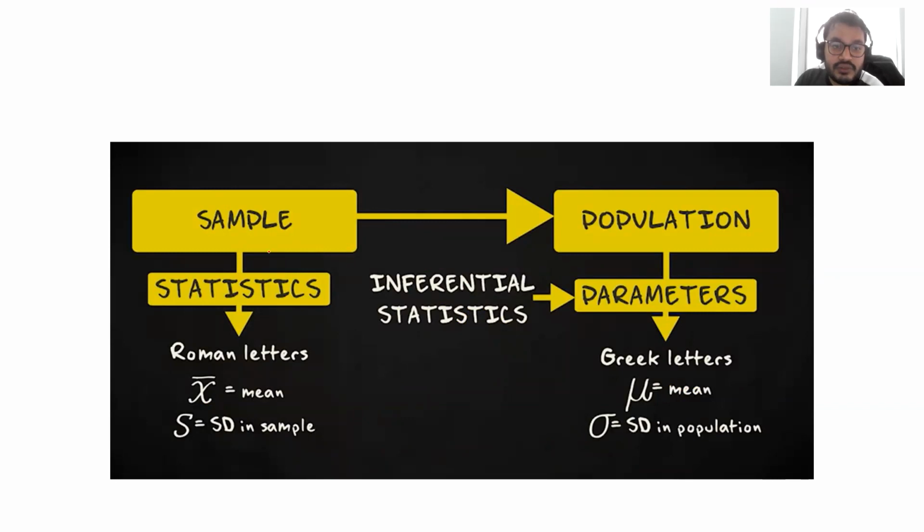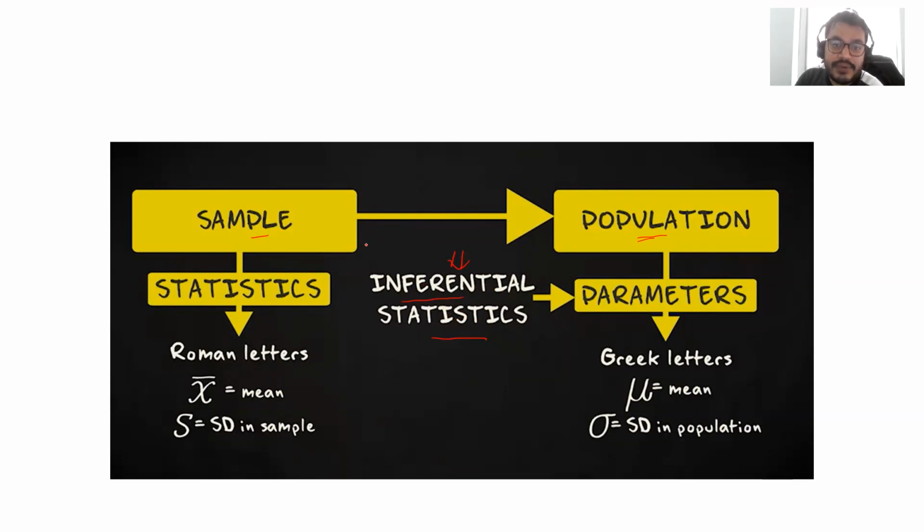If we get some information from a sample and derive conclusions about the population, that is inferential statistics. Whatever information we receive from sample data, we apply to our population, and that is called inferential statistics.